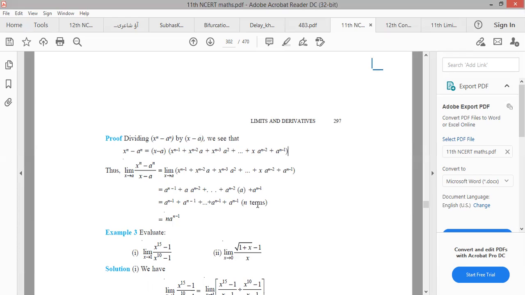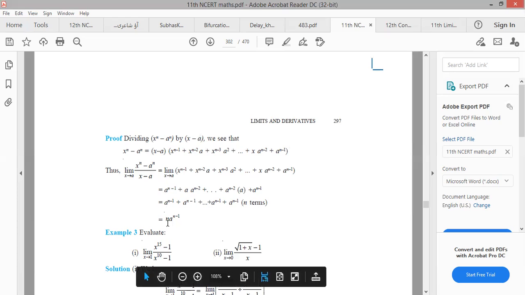So these are actually n terms. If we add all these terms, which are n in number, this will be equal to n a^(n-1). Is it okay? So we have proved that the limit as x tends to a of (x^n - a^n) divided by (x - a) is equal to n a^(n-1).